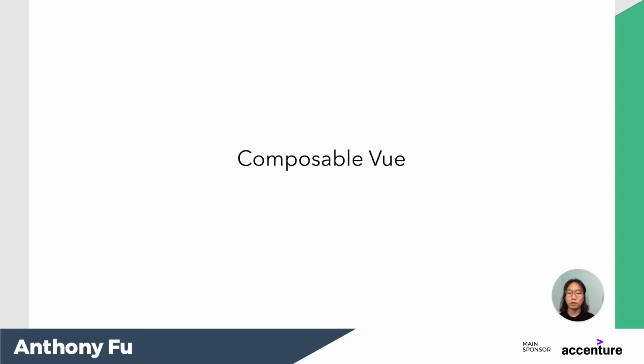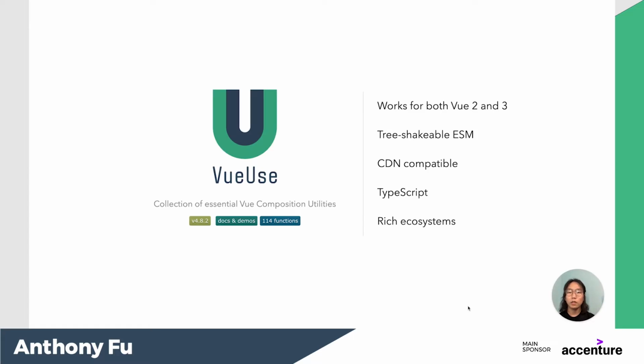So let's talk about today's topic, Composable Vue. It all started with me making this project called VueUse, which is a collection of Vue composable utilities. Initially, I was making this to share some code that I wrote with the Vue Composition API to be used across apps. Till now, it has grown much bigger with the community.